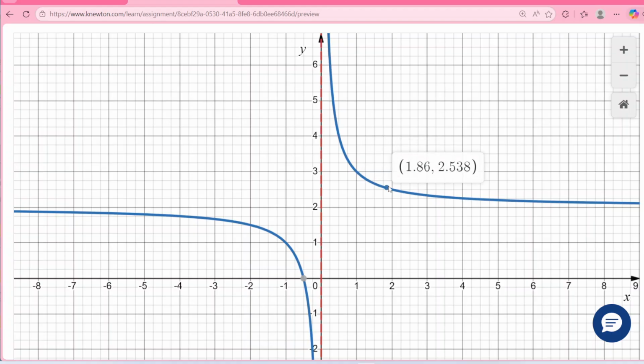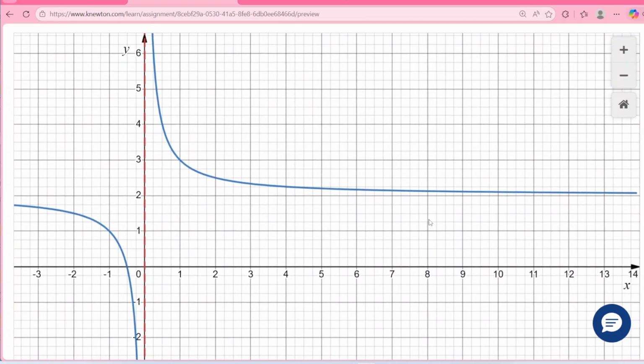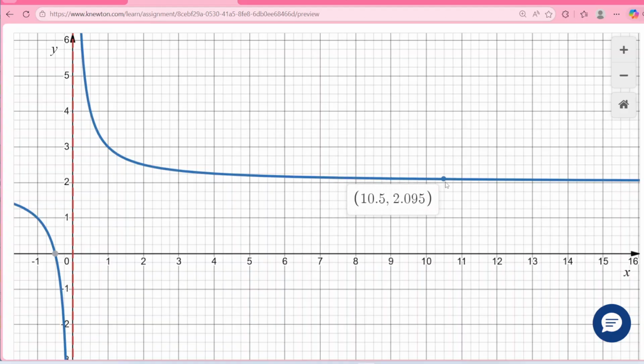But if I go to the far right, look at these outputs: 2.5, 2.4, 2.3, 2.2, 2.1, 2. You can move over, 2.09, 2.08, 2.07, 2.06. It looks to me as though the outputs as I move to the far right are approaching the value of 2, getting closer to the line y equals 2.